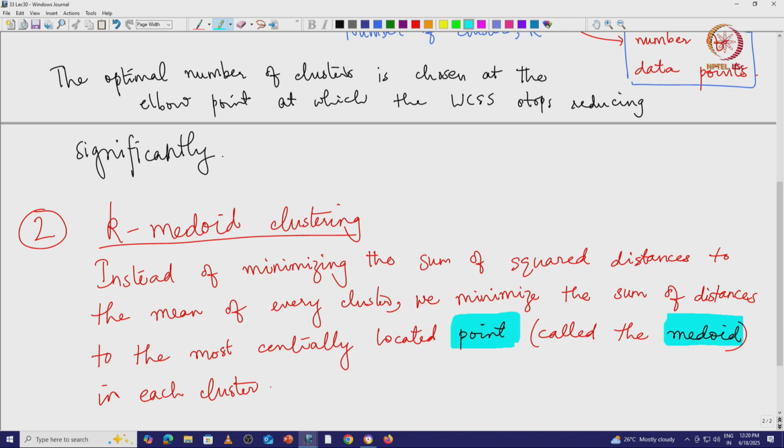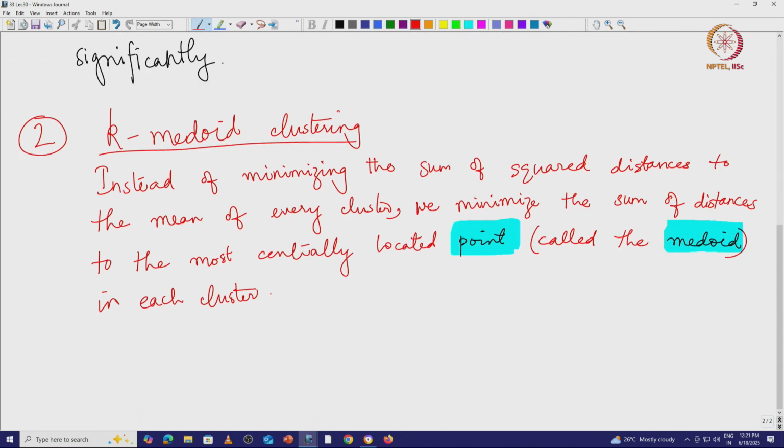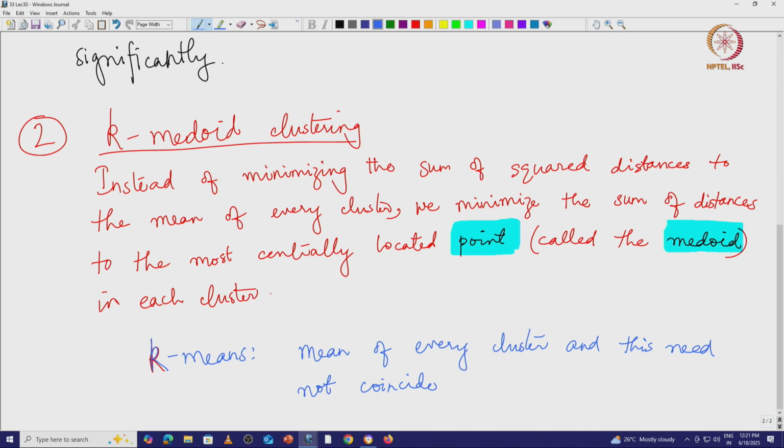So unlike the K-means clustering, where you were determining the mean of every cluster. So in K-means, what was important was the mean of every cluster, and obviously this need not coincide with any data point.